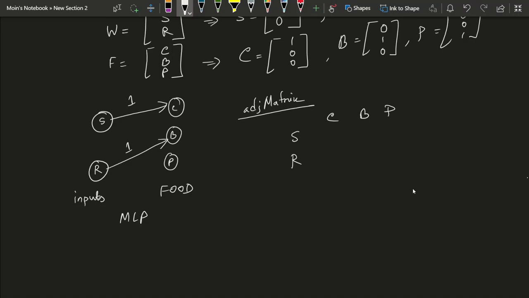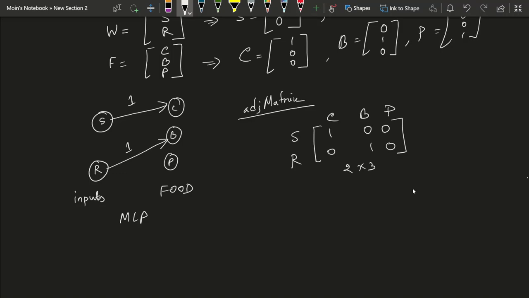When the weather is sunny, it's chicken. When the weather is rainy, it's burger, and there is no connection from the weathers to pizza. And this matrix is of 2 by 3 dimension.